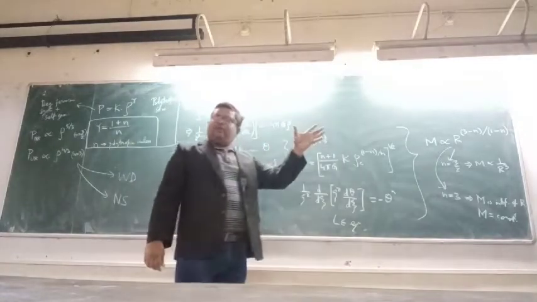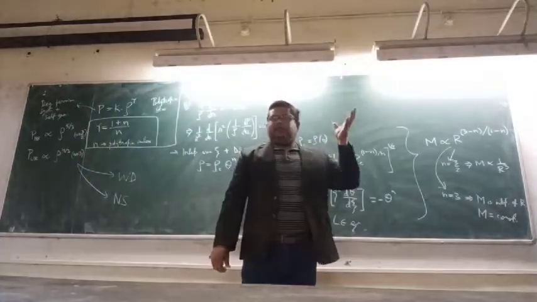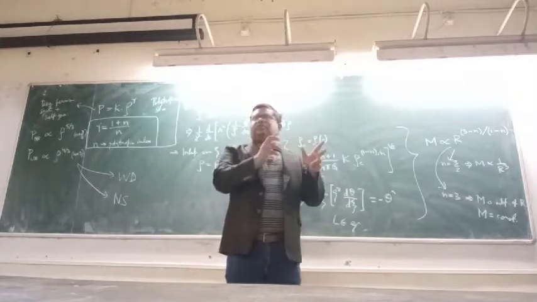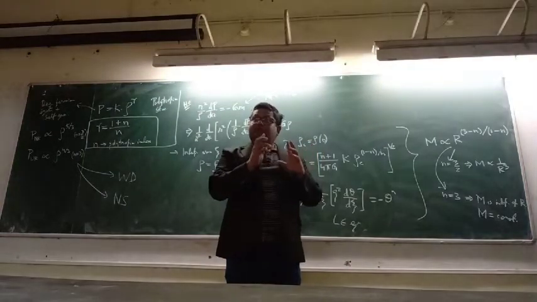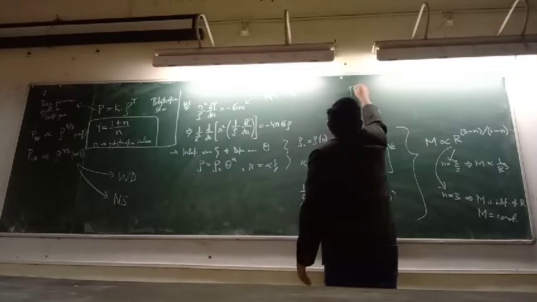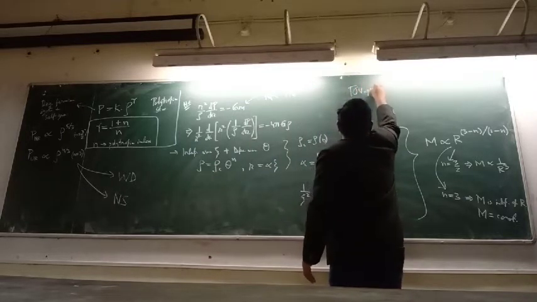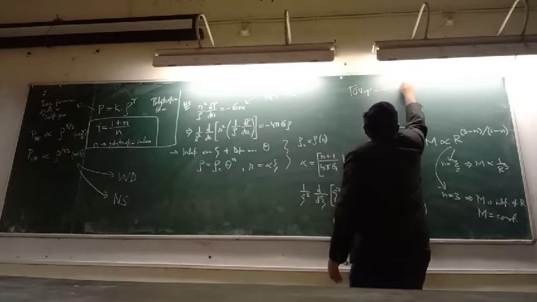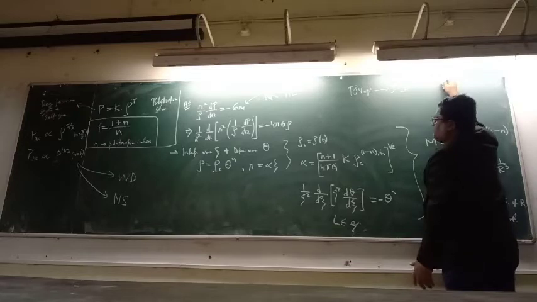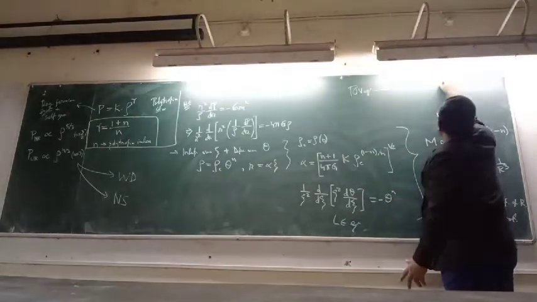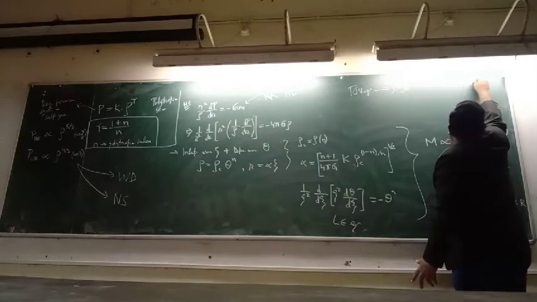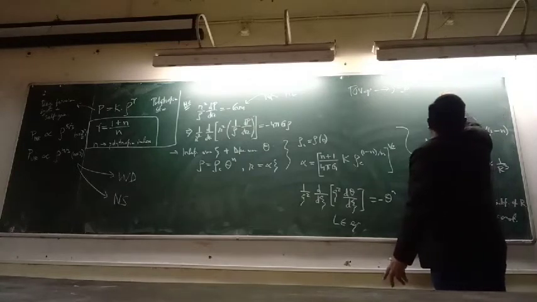And from the TOV equation, if we consider the constant density model, we will get a neutron star model. From there, you remember, for the constant density model, we observe that for finite central pressure, that means pressure at R is equal to 0, we will get this relation.